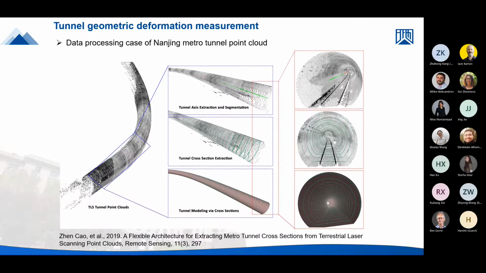Next. Besides the deformation monitoring, we also implement a strategy to have a high precision and high detail model of the tunnel. This is the project we were implementing in a tunnel in Nanjing City. Next.